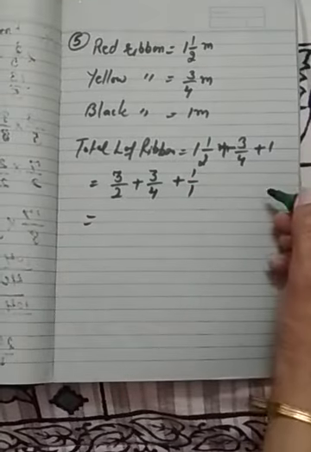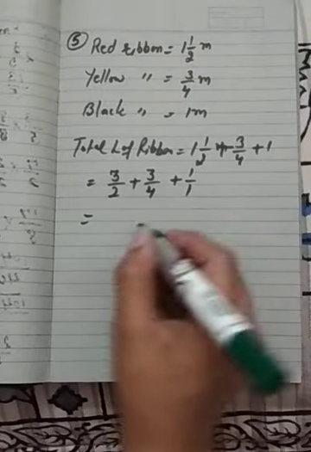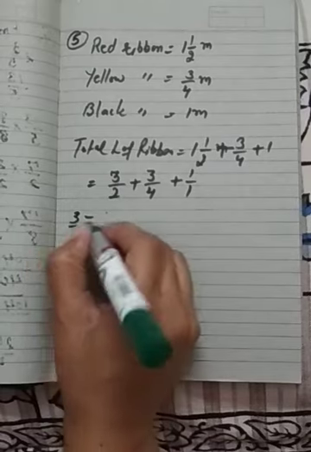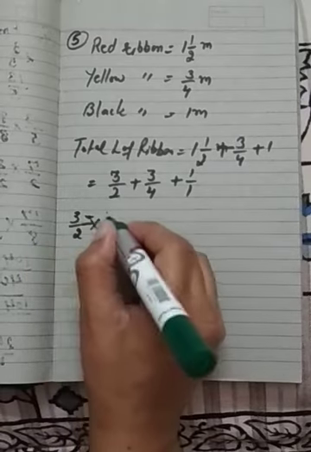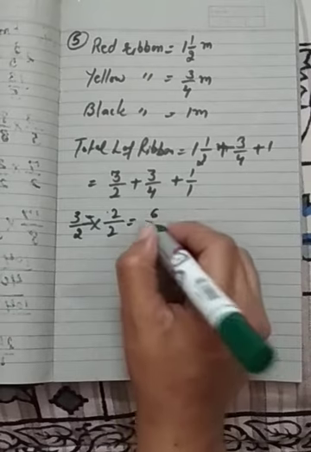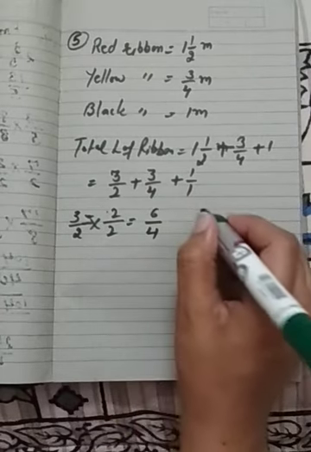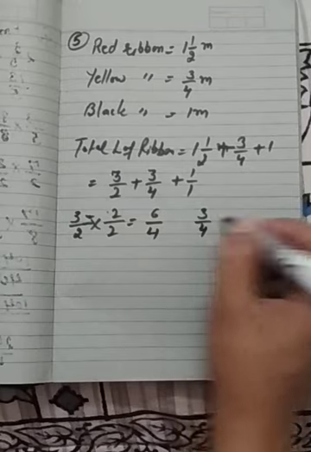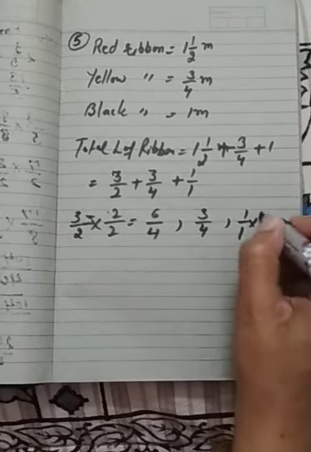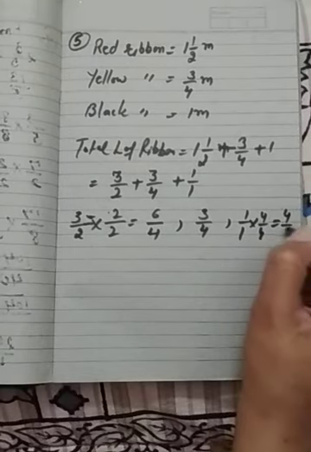When we find the LCM of 2, 4 and 1, we get LCM 4. Now convert these numbers' denominators into 4. 2 multiplied with 2, we get 4. 3 2s are 6 and 2 2s are 4. And 3 by 4 is already 3 by 4. The last number, 1 by 1 multiplied with 4, we get 4 by 4.